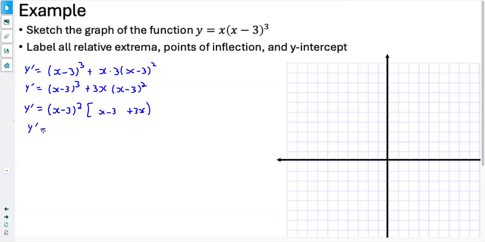So y prime is equal to x minus 3 squared times 4x minus 3. Now from this, we can see that we have critical points at x equals 3 and 3/4.